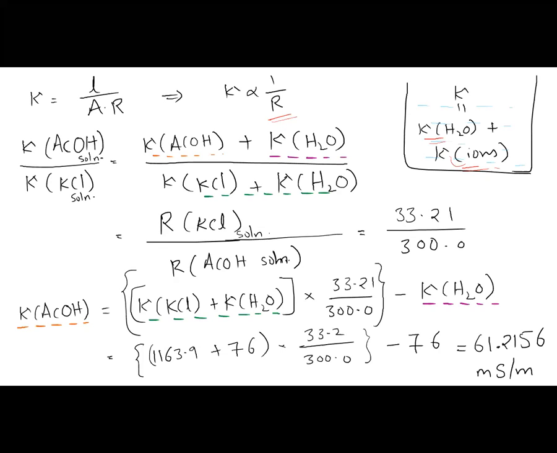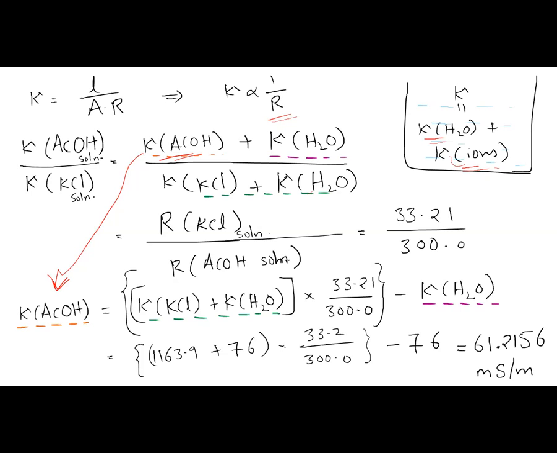So what we need to find really is the conductivity of the acetic acid. So I'm going to bring this to the left hand side of the equation. I underlined these terms so that you can relate them. So I'm going to multiply this term with this numerical here.